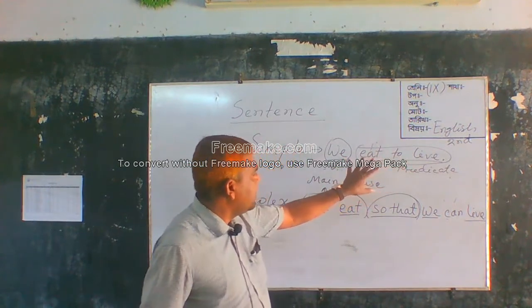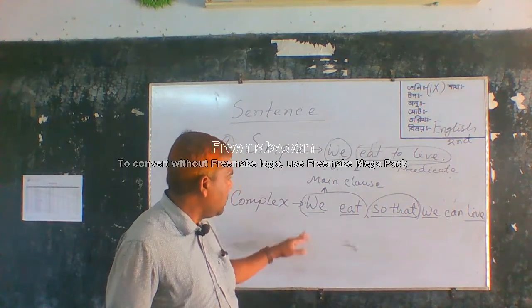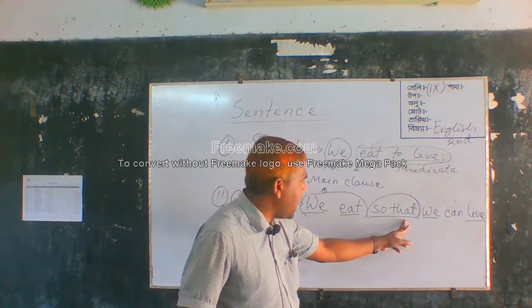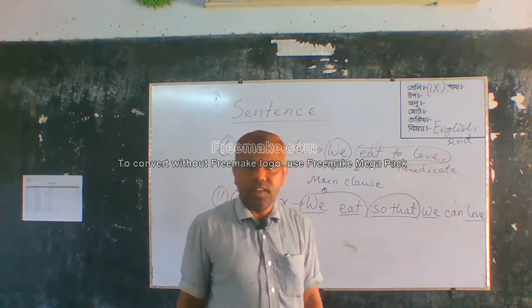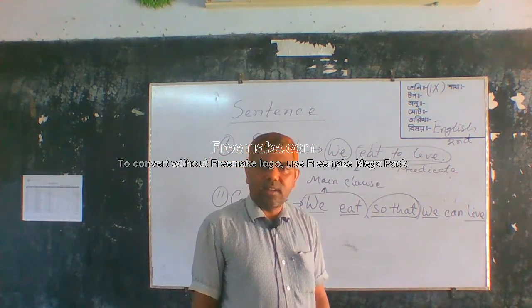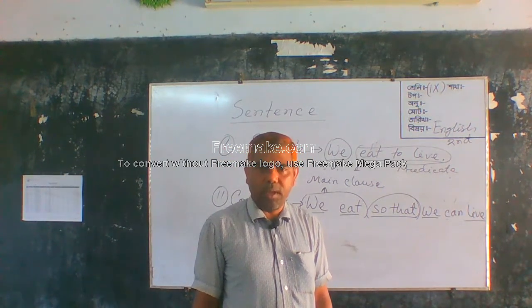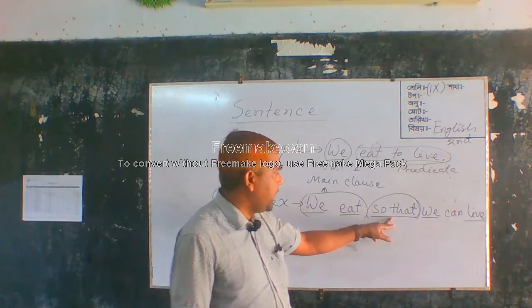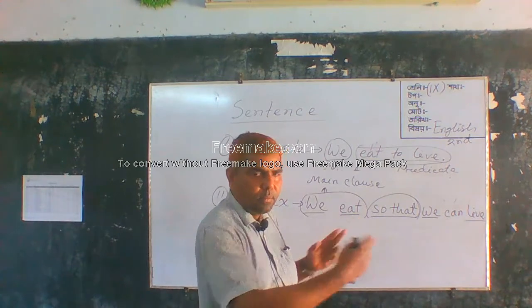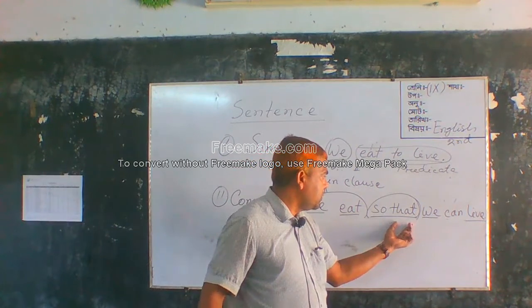Here the purpose is expressed. If a simple sentence expresses purpose, at the time of changing the sentence from simple to complex, we use so that as a conjunction in the middle of the two sentences to add them.